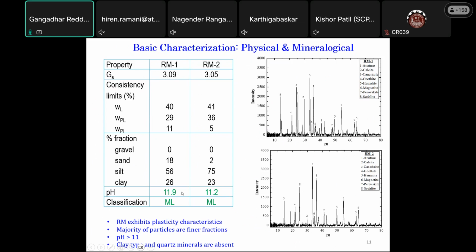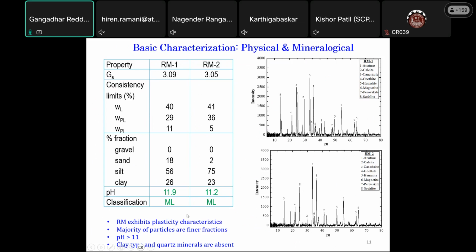Many people have used carbon dioxide to neutralize red mud so that it can be used for different applications as well. So you can see the salient feature is that red mud exhibits lower plasticity.